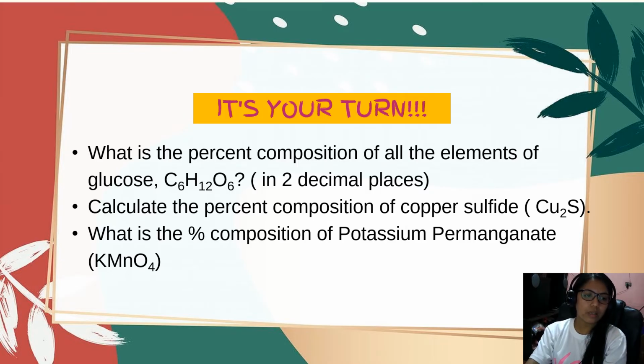Then, you're going to calculate the percent composition of copper sulfide, Cu2S. What is the percentage composition of potassium permanganate? The symbol is KMnO4. So, I will give you 2 minutes to answer these questions or problems.